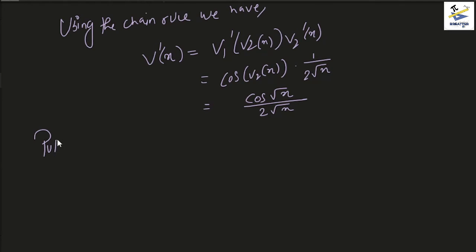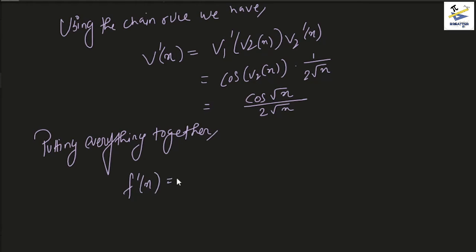So putting everything together, our actual answer to f prime x would be, so u prime x was 1 by 2 root x and v of x was, I think, sine of root x, plus u of x was just root x and v prime x is cos of root x by 2 root x.